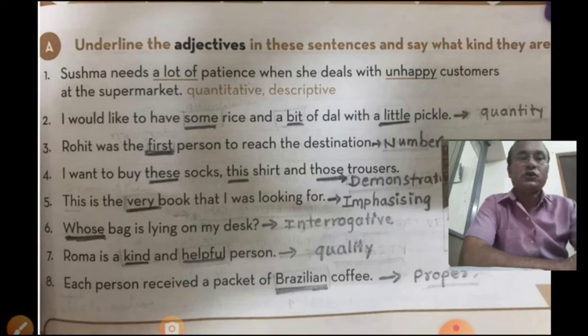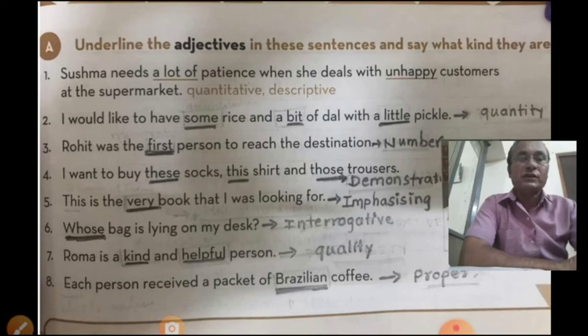Here, two adjectives are given. One shows quantity, that's why the first one is quantitative adjective or adjective of quantity, and the second one describes the customer, that's why it is called descriptive adjective.